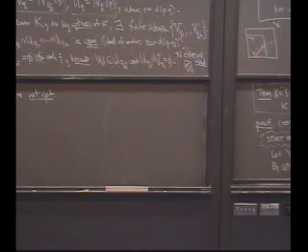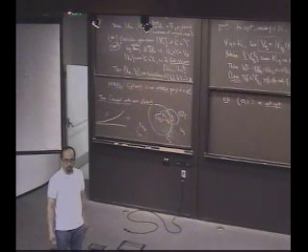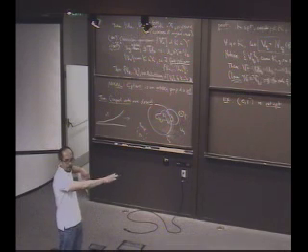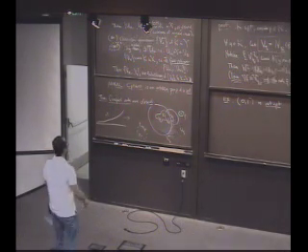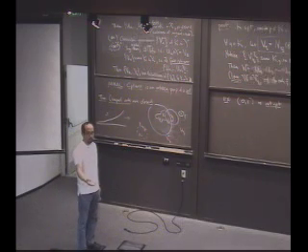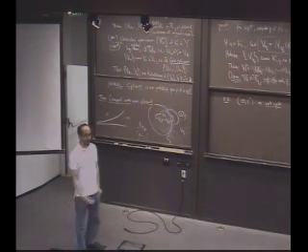What else can we say about the relationship between compact sets and closed sets? Compact sets are closed, but are closed sets necessarily compact? No? Give me an example. How about the entire real line in the real line? It's not compact because it's not bounded. That's one way to see it.